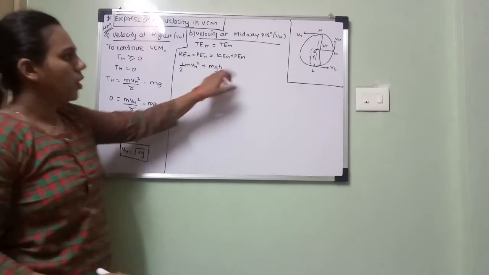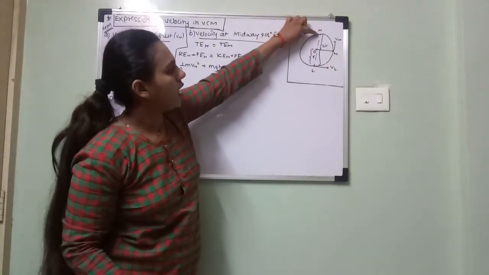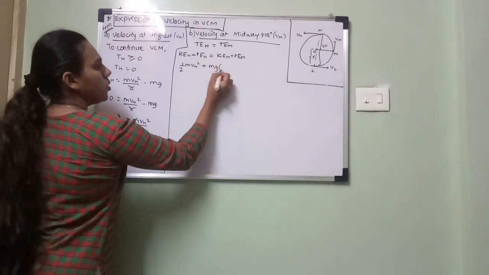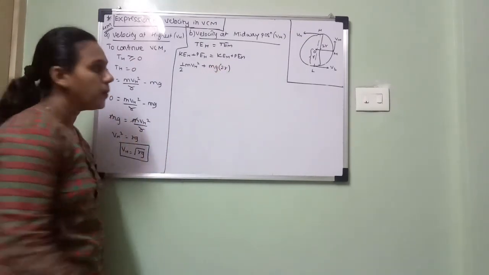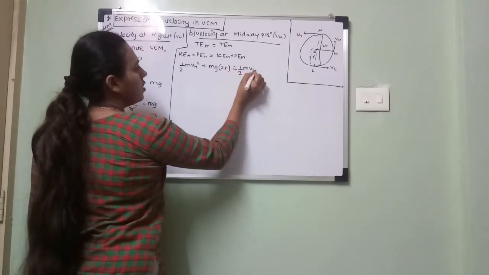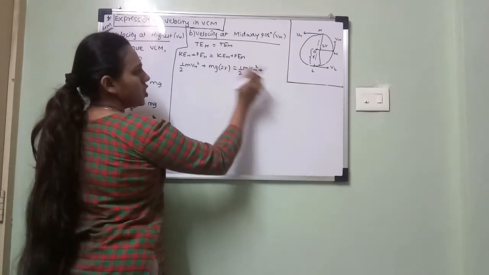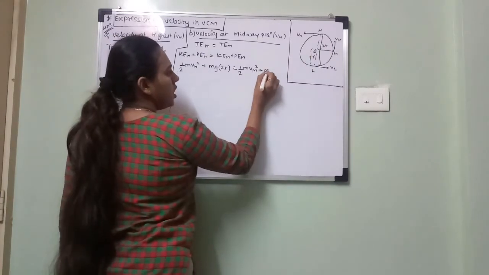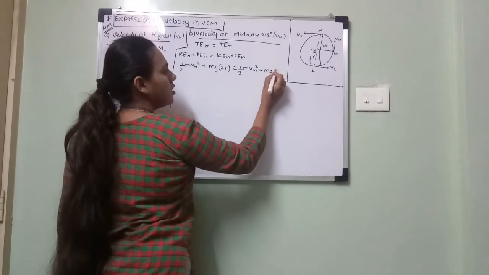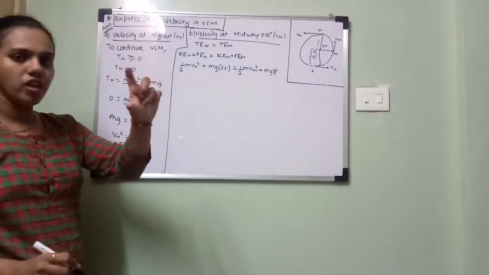But over here, what is the height? At the highest position, what is the height? 2r. So instead of h, you will substitute it as 2r. This is equal to kinetic energy at mid, half m vm square, plus potential energy at mid, mgh, but instead of h you will substitute it as r, because at midway the height is r.